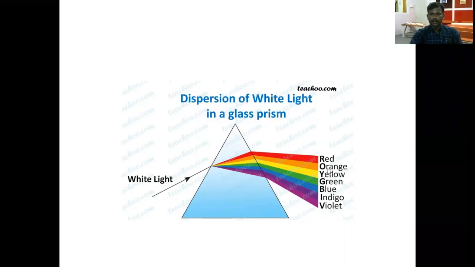So the greater frequency color is violet, the lesser frequency color is red. Inversely proportional. Red has higher wavelength, so lesser frequency. The violet color has lesser wavelength, greater frequency. Okay. And the next one.